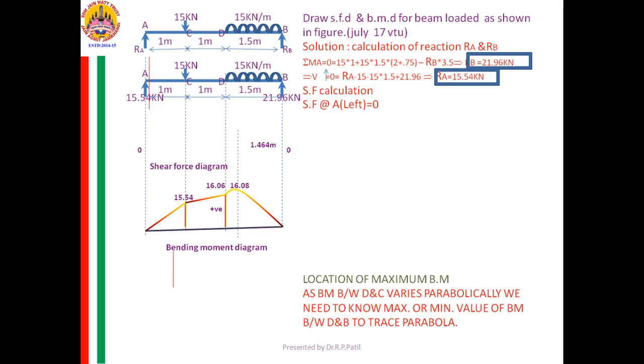Okay, SF at right I want, till the left no vertical loads, that is 0. When I am jumping to the right, a new load is coming, its value is 15.54, and that new load is carrying my left part in the upward direction.